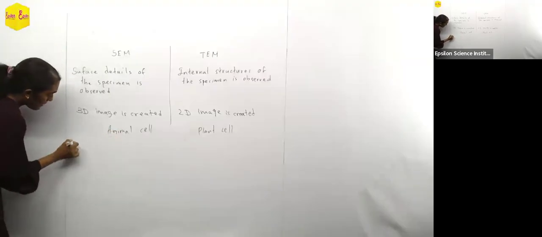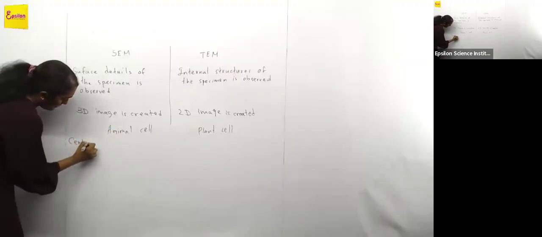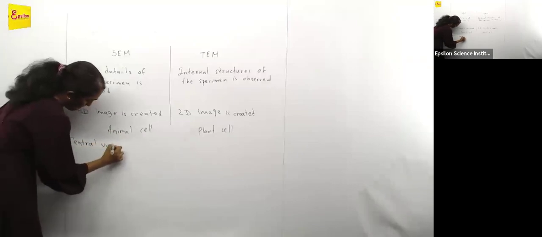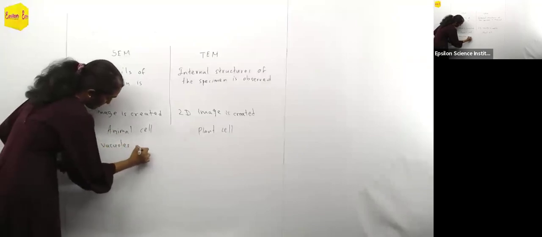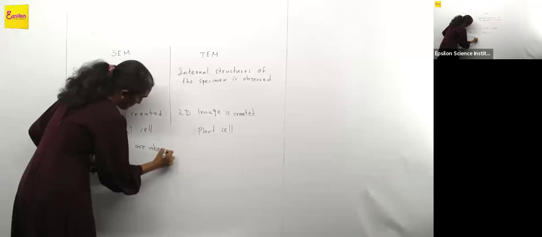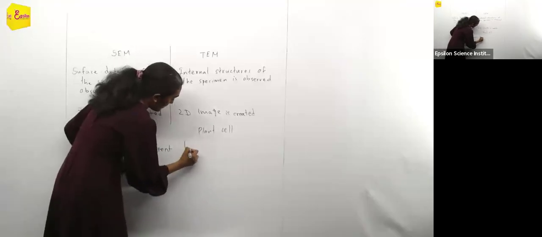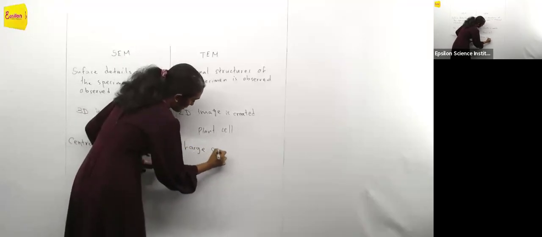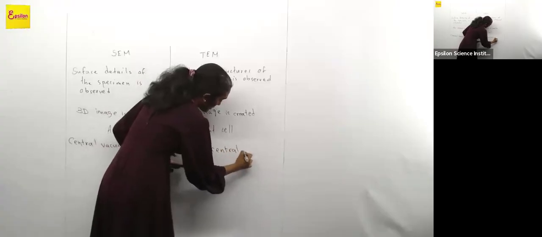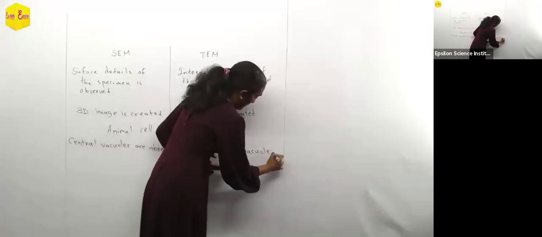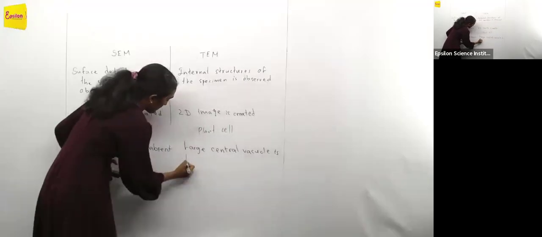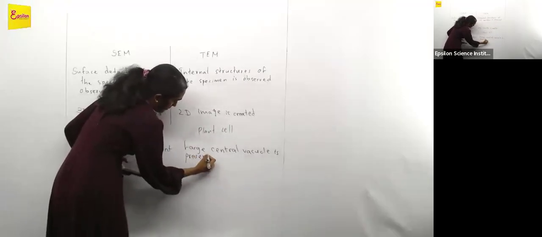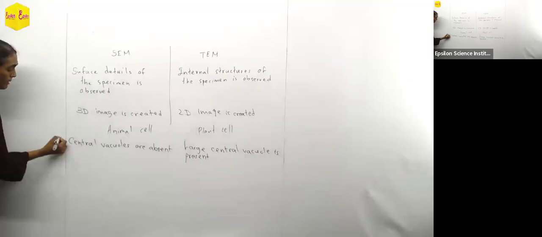Here, central vacuoles are absent. Here, a large central vacuole is present. Then number one is that.